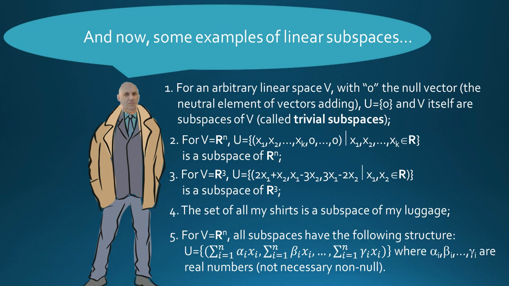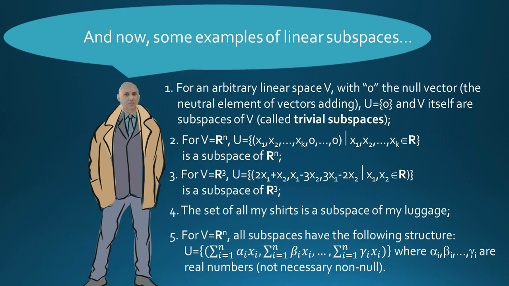For V equal R3, U equal (2 x1 plus x2, x1 minus 3 x2, 3 x1 minus 2 x2) for any x1, x2 in R is a subspace of R3.